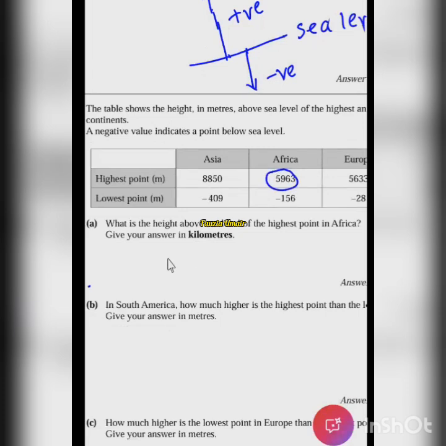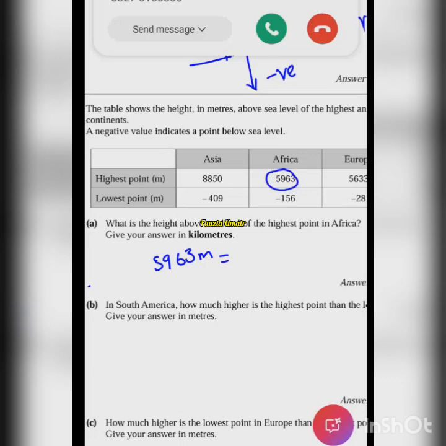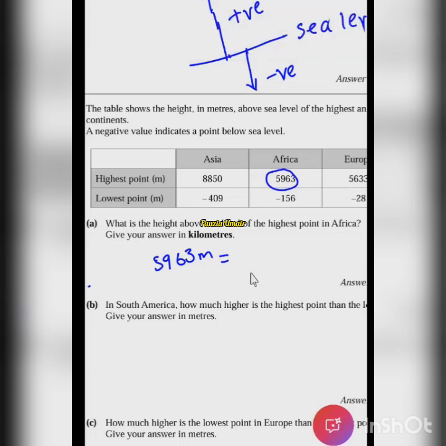So you need to convert it into kilometers. 5,963 meters will be how many kilometers? 5.963. So 5.963 kilometers. So I hope everybody is clear about it.